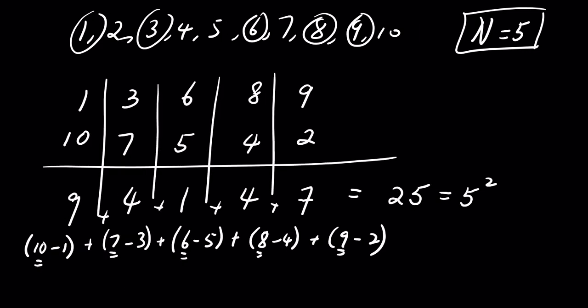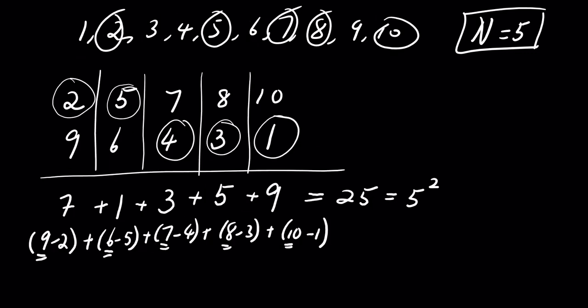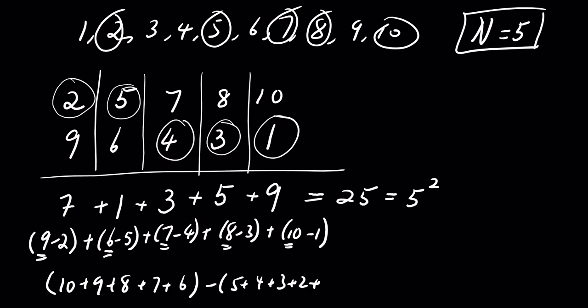If that is the case, then it is very easy to understand that this sum is actually equal to 10 plus 9 plus 8 plus 7 plus 6 minus 5, 4, 3, 2, 1. Direct calculation will give the answer 25.